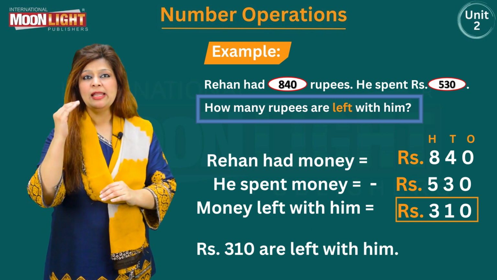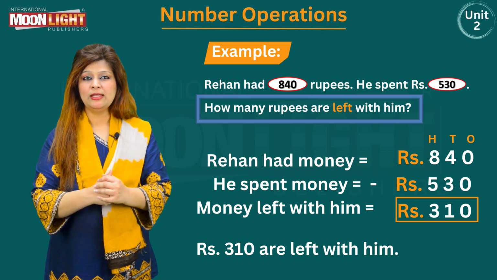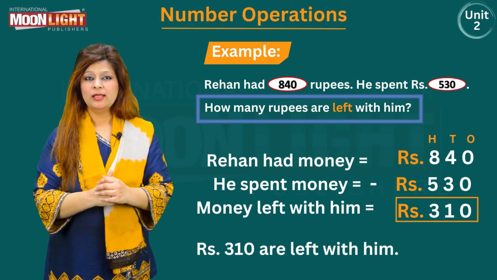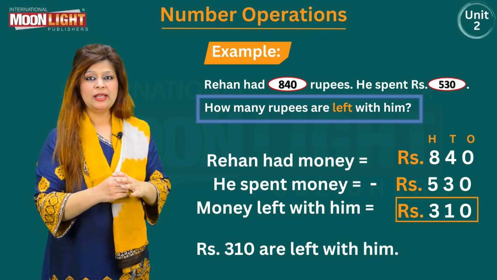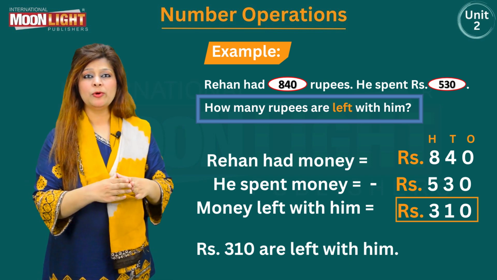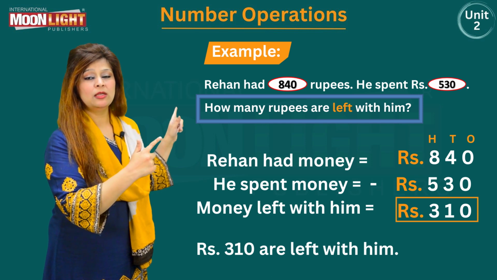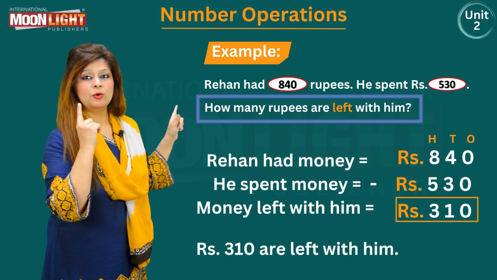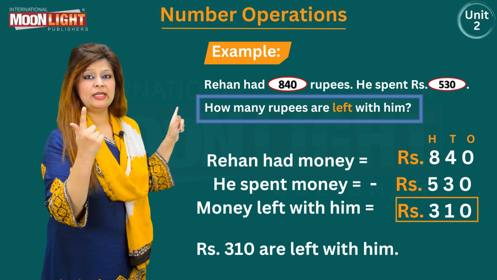My final ending statement is missing, which is really very important. I will write the statement from the question. I will write rupees 310 are left with him. You can check from the question statement. I have just cut the number and written rupees 310.